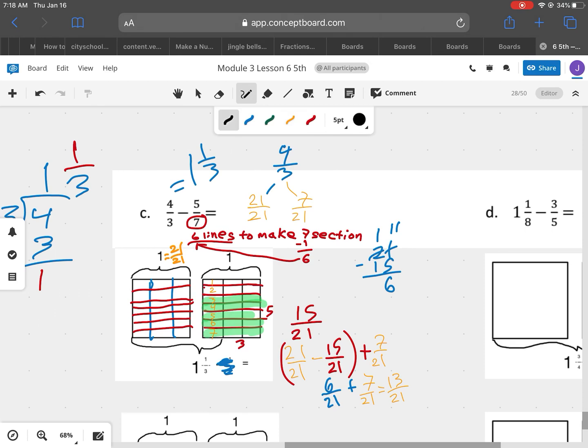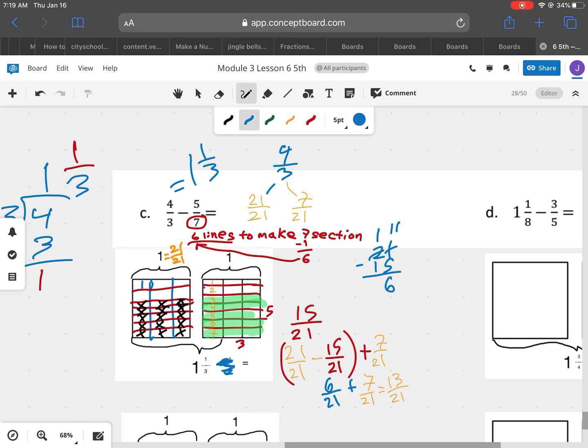How does it show up in the picture? Well, we're going to cross out 15 of these from the original. So we're going to go 1, 2, 3 times 5. That's 3, 4, 5.